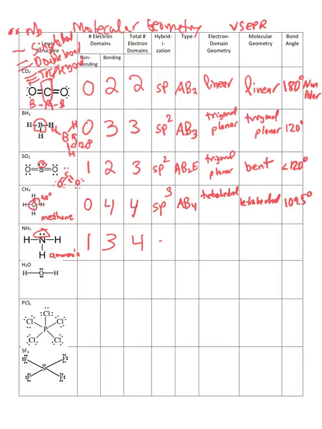If it's got 4, it means it has an sp3 hybridization. It's a type of molecule that I want to call an AB3E. Central atom A, 3 atoms generically labeled B around it, and a single non-bonding pair of electrons that we'll call E. If it's got 4 electron domains, that electron domain geometry is always going to be tetrahedral.